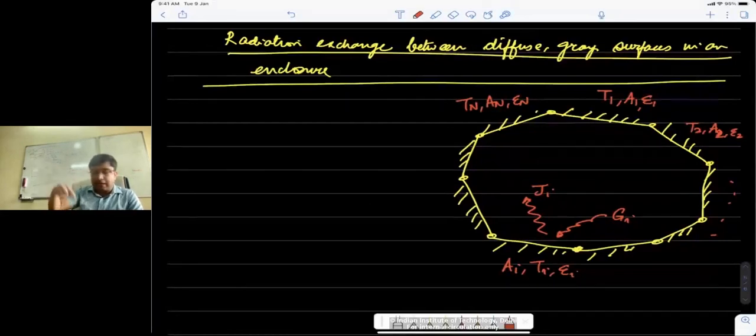And this irradiation that reaches surface I must have originated from some other surface. So this irradiation does not get completely absorbed, rather it would reflect many times inside the enclosure until it's completely absorbed. So you need to do complete accounting of radiation emerging from each and every surface.